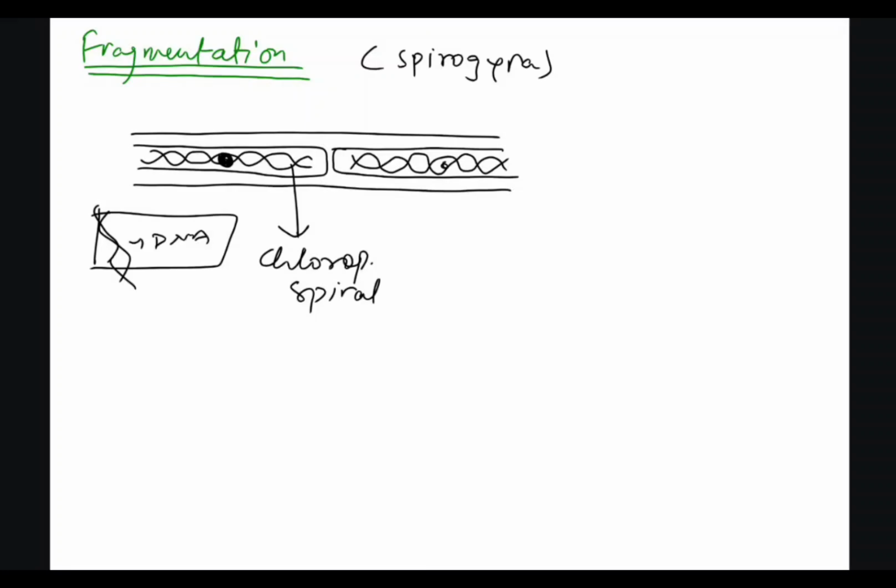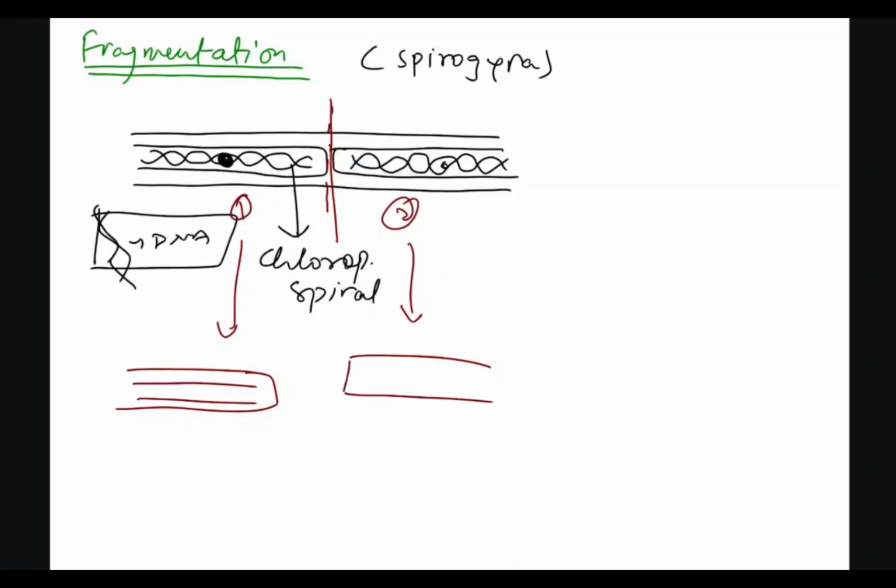So what happens is, let's say, and we are not talking here about equal division. You may say, okay, let's break it from the middle, and then you will have 1 and 2, and it will grow into another 2. So what's the point then? This one will stay 1, and this one will stay 1. That is not the point.